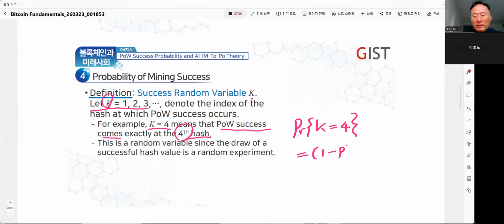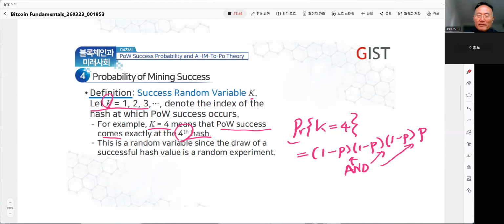The probability that K equals 4 means: first trial failed, and second trial failed, and third trial failed, and fourth trial success.